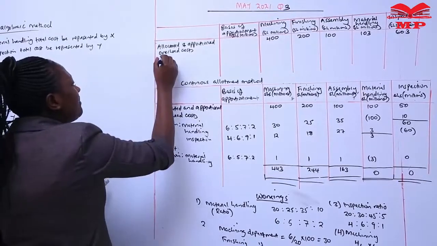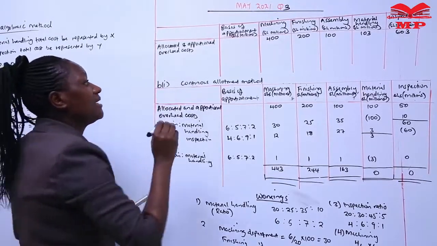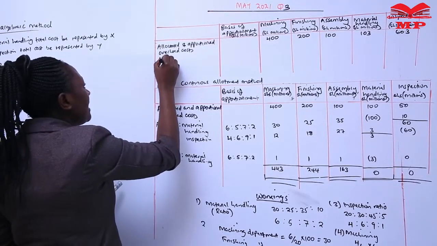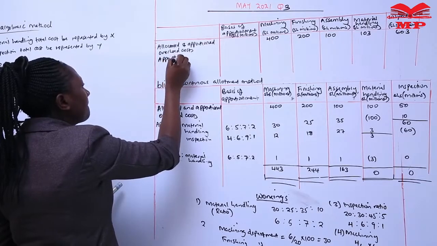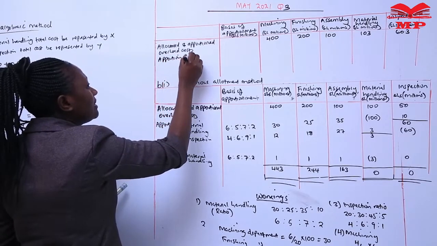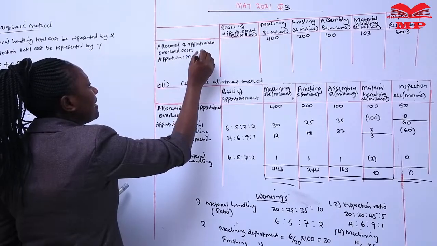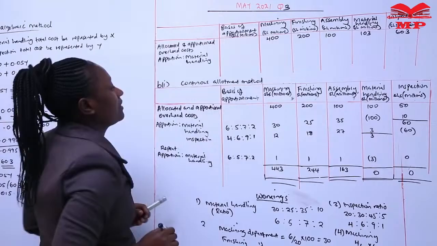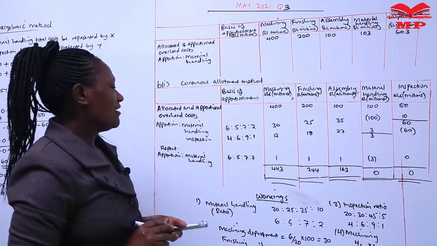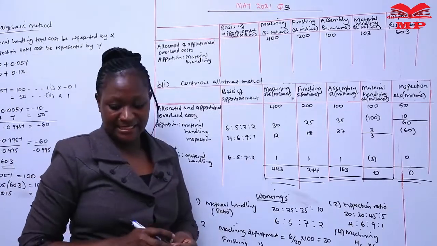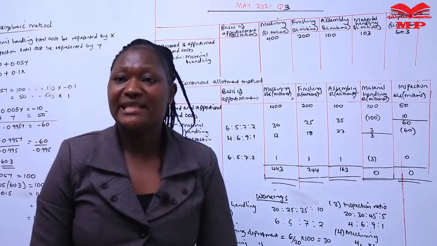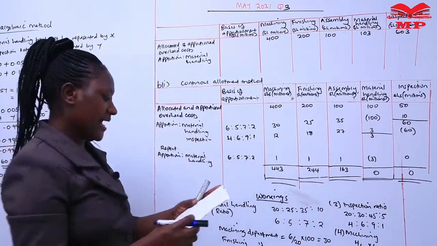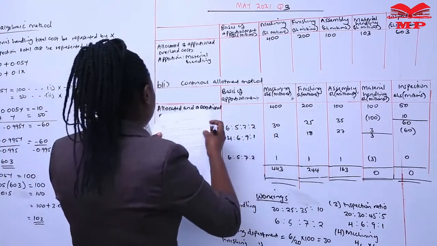So we begin by apportioning either of the service departments. So we say apportion material handling. And the ratio will not be the same as in this case. We are to use the percentages the way they are. So what are the percentages?